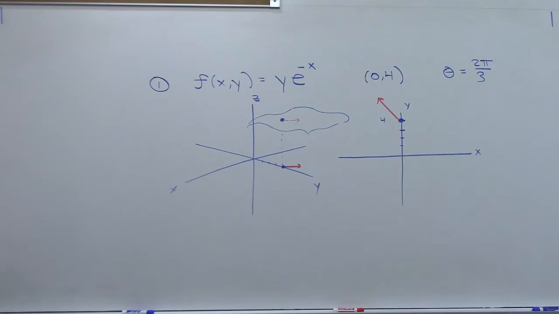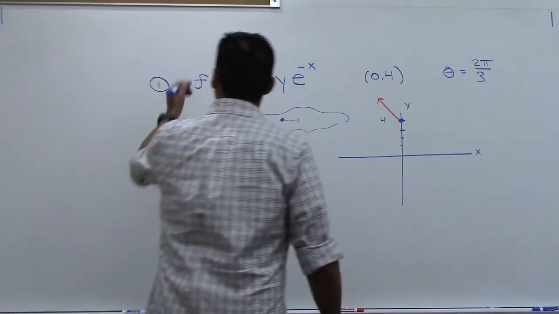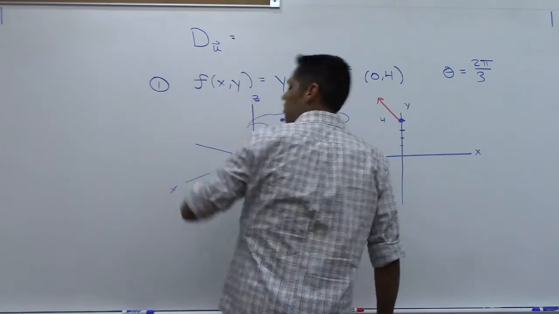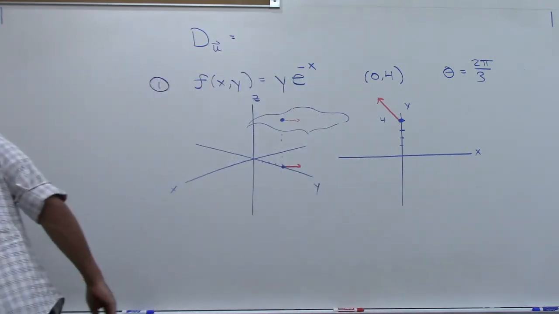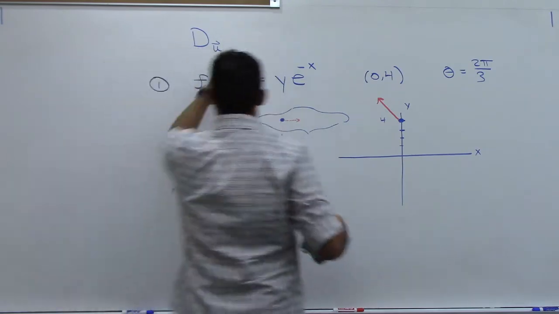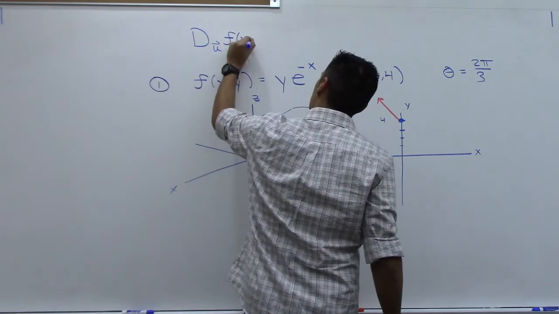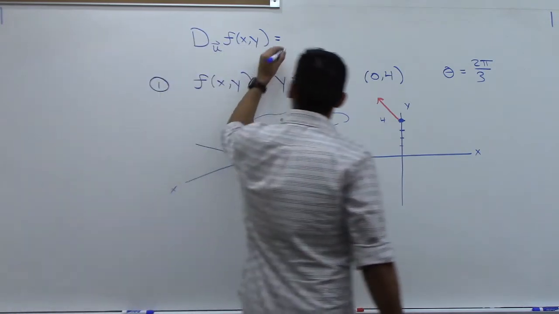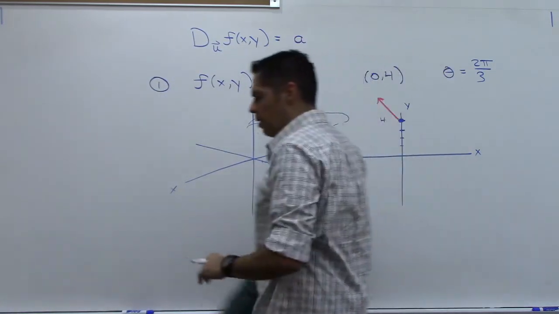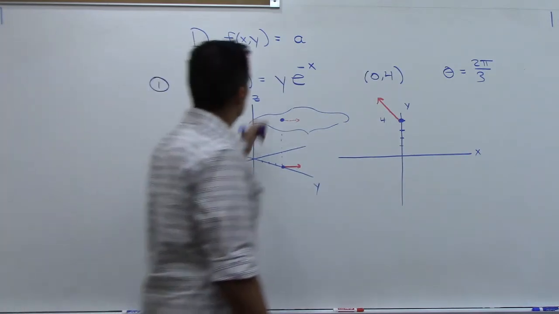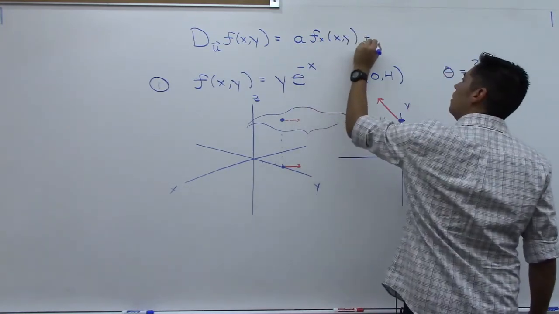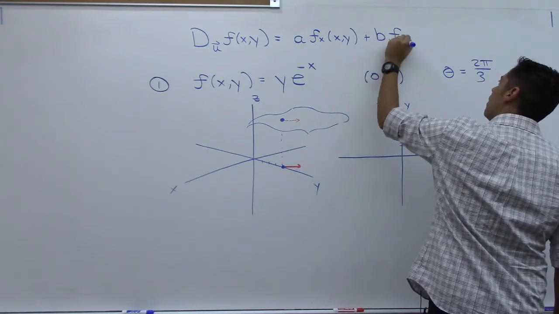The notation for this is that the directional derivative in the direction of u of the function f of x, y is equal to a times the partial derivative of f with respect to x plus b times the partial derivative of f with respect to y.